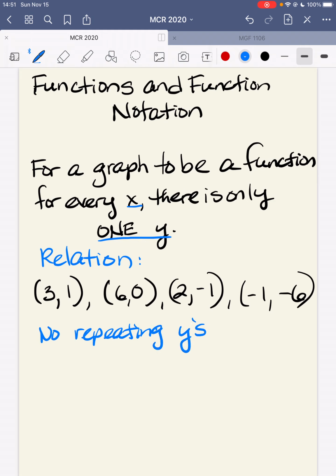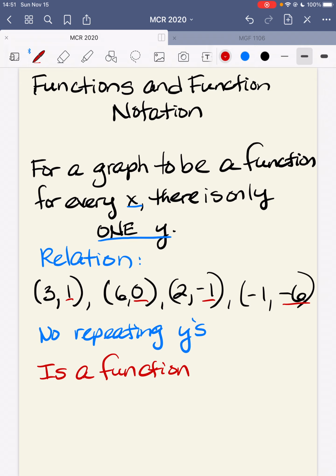So if I look at these, all of my x's are different, and indeed, all of my y's are different. I have a 1, a 0, a -1, and a -6. Okay? So this relation happens to also be a function, because for functions, there should only be one y for every x.